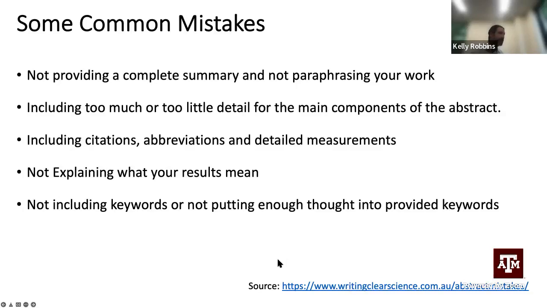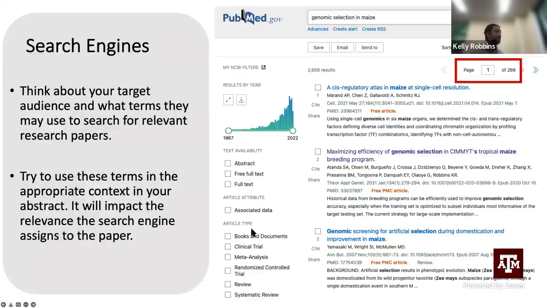I must admit, in the past I have not put as much thought into keywords as I probably should have. But how you use keywords in both your title and your abstract is important, because it's going to determine what priority, what relevance a search engine is going to give to your article.